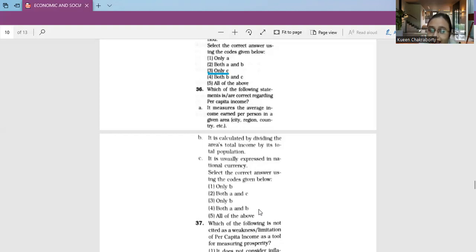It is easily calculable from readily available gross domestic product and population estimates, and produces a useful statistic for comparison between wealthy and sovereign territories. This helps to ascertain a country's development status. So accordingly, among the three, A and B are correct. I will be choosing option number 4 as the correct answer, which is both A and B.